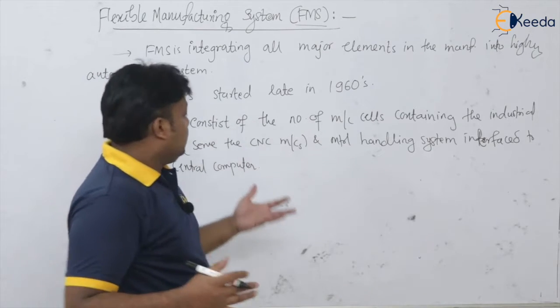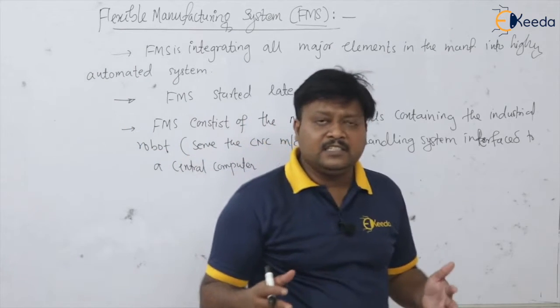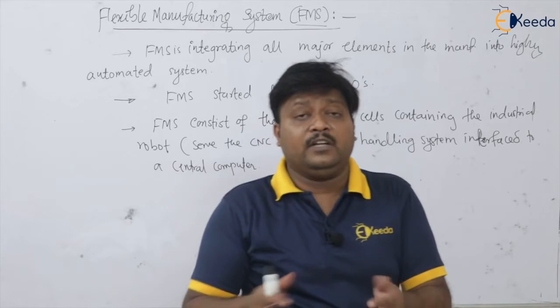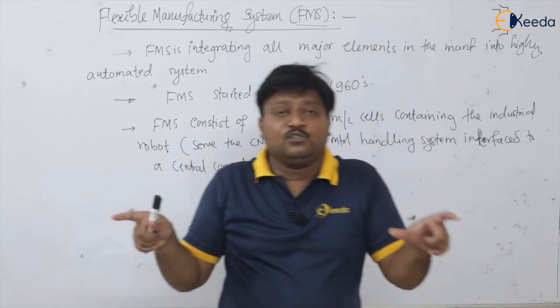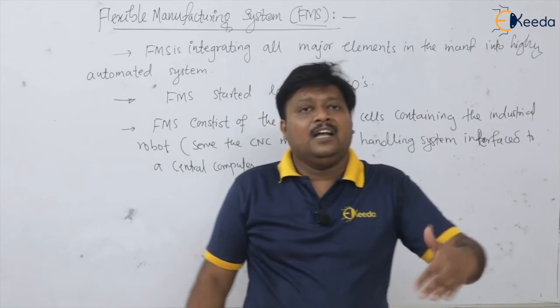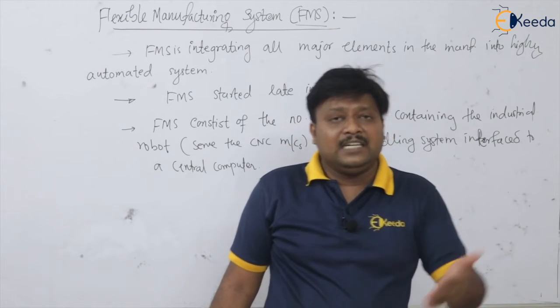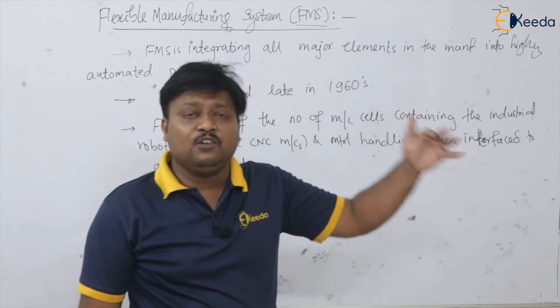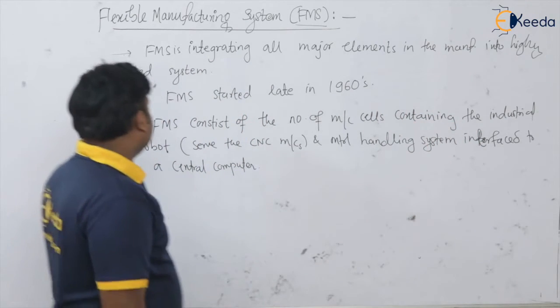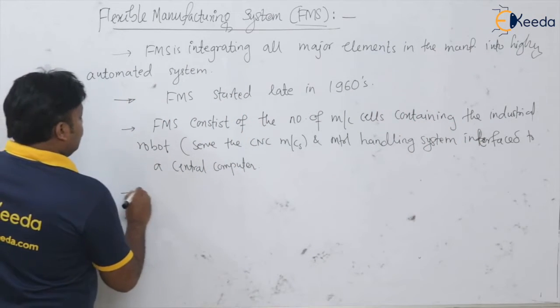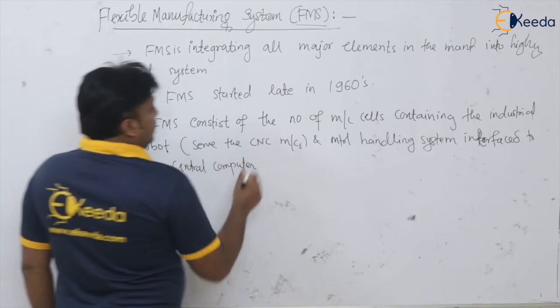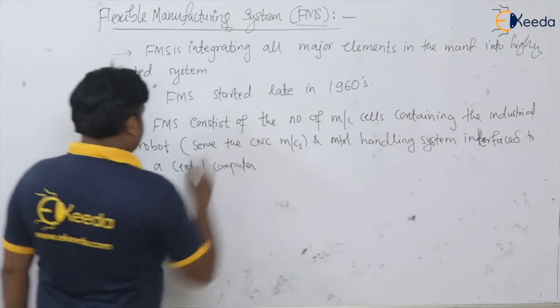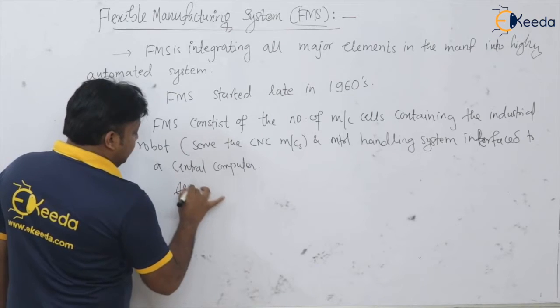So it has a number of cells containing industrial robots, and of course these robots serve the CNC machines. Also there are material handling systems which are interfaced to one central or host computer, like in the DNC.